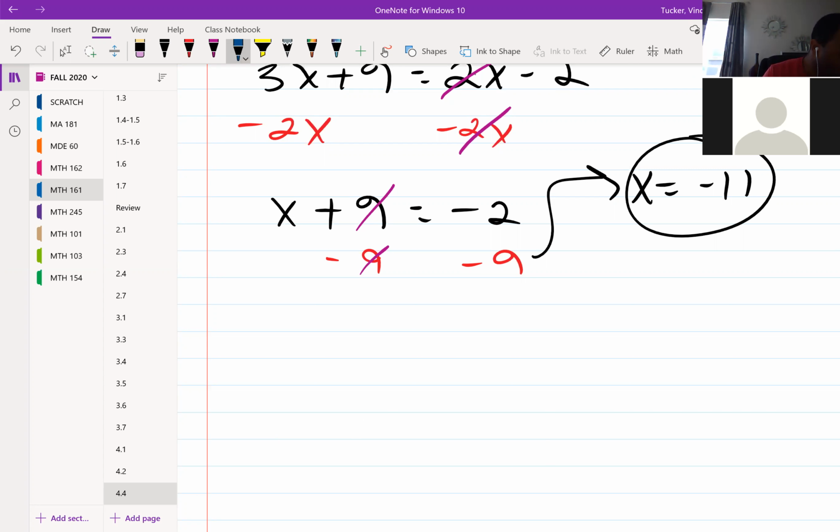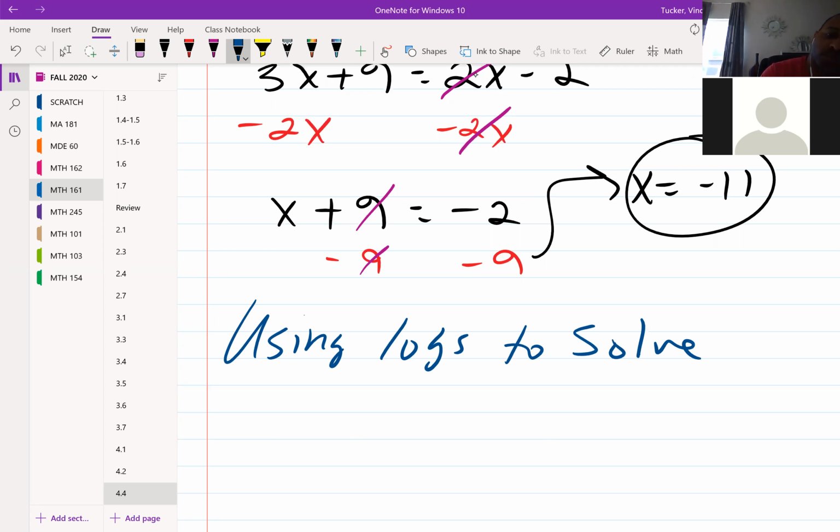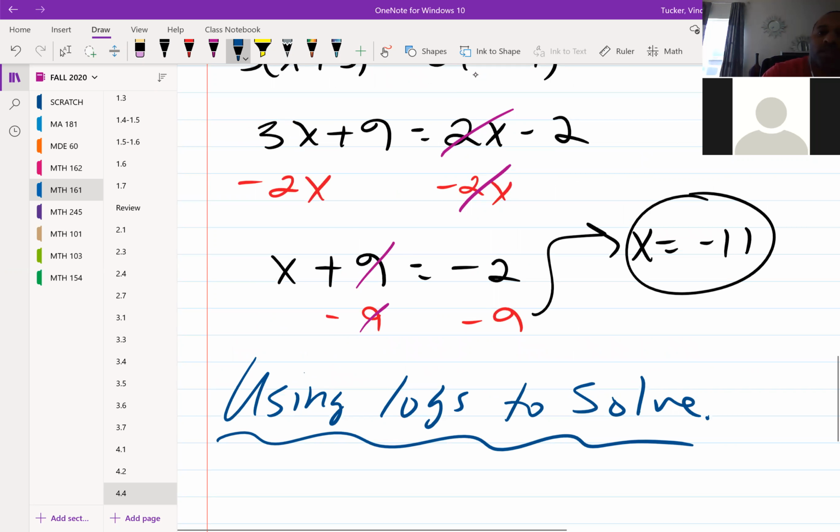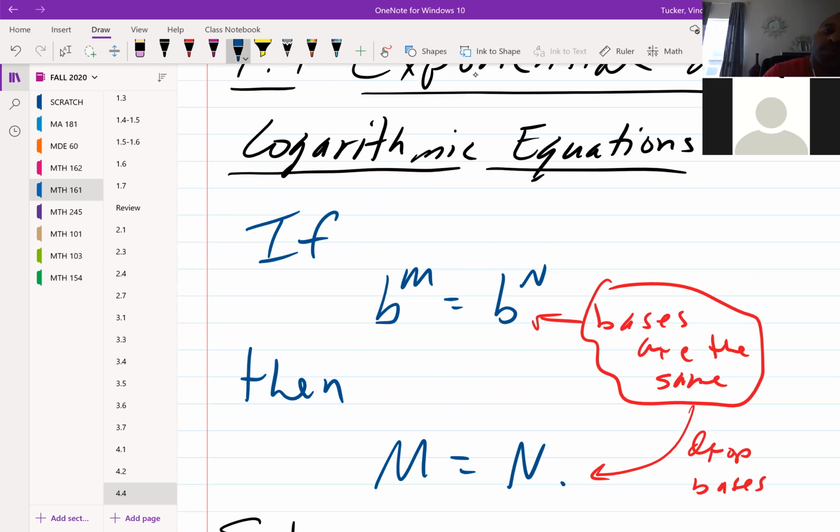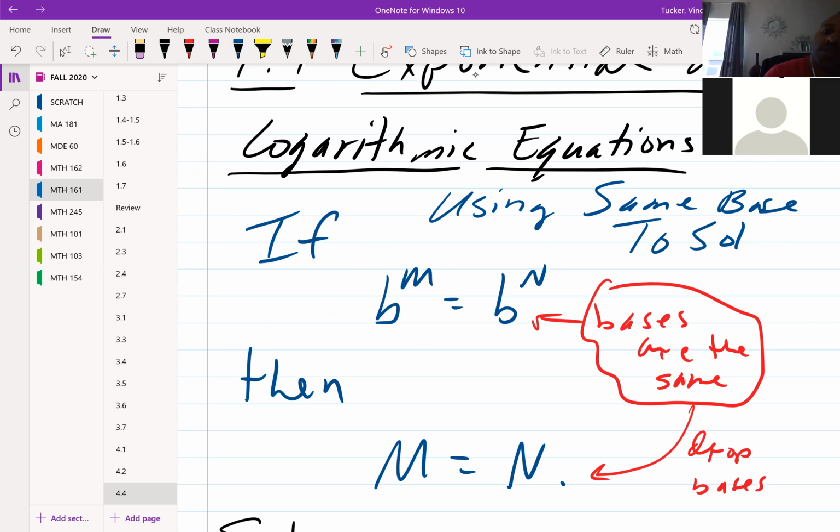Next one, let's see. I guess if I want to entitle this last one, I don't think I'll put a title on it. So here, use the same base to solve.